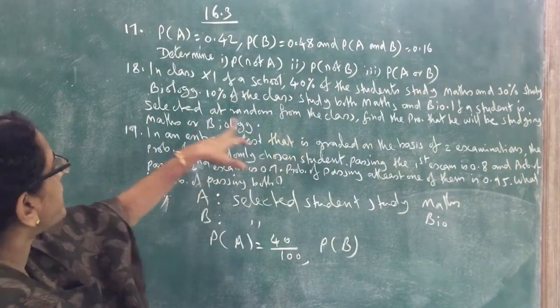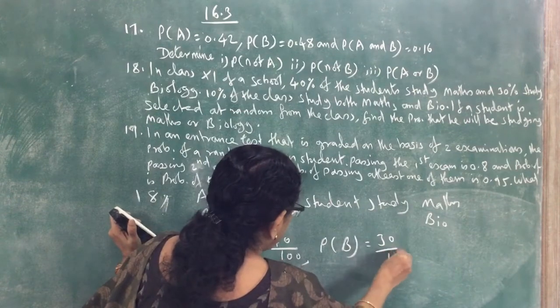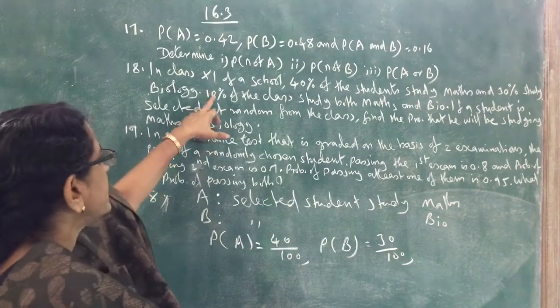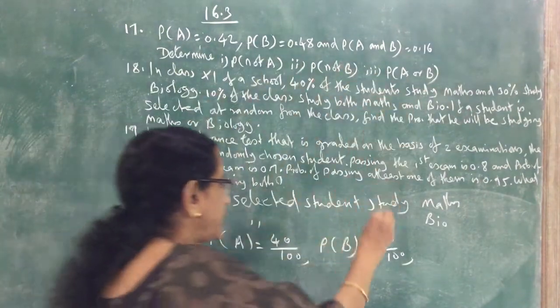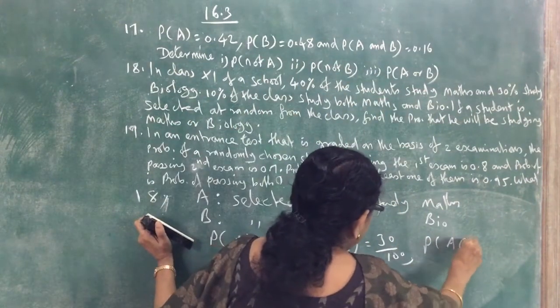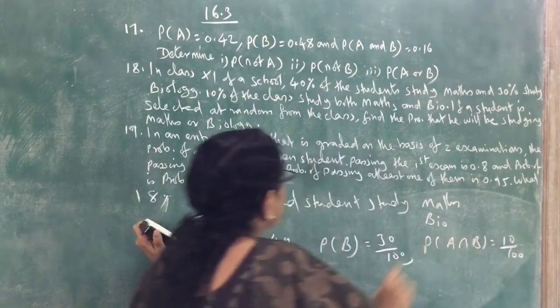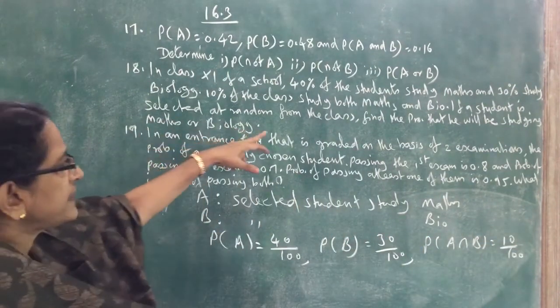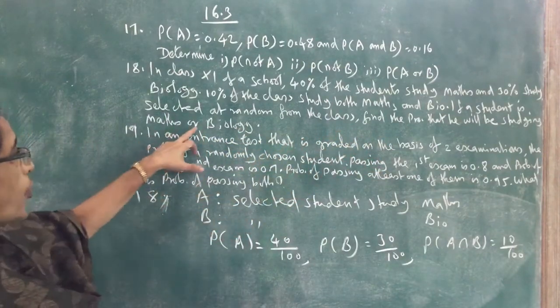Given that 30% study biology, probability of B equals 30 by 100. And also given that 10% study both maths and bio, that means probability of A intersection B equals 10 by 100. So these are given. Question is, find the probability that the selected student will be studying maths or biology.